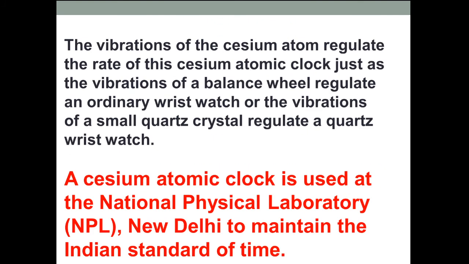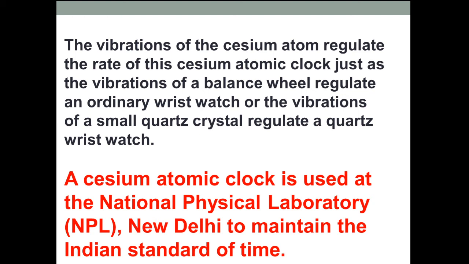The vibration of the cesium atoms regulate the rate of the cesium atomic clock, just as the vibrations of a balance wheel regulate an ordinary wristwatch, or the vibrations of a small quartz crystal regulate a quartz wristwatch.